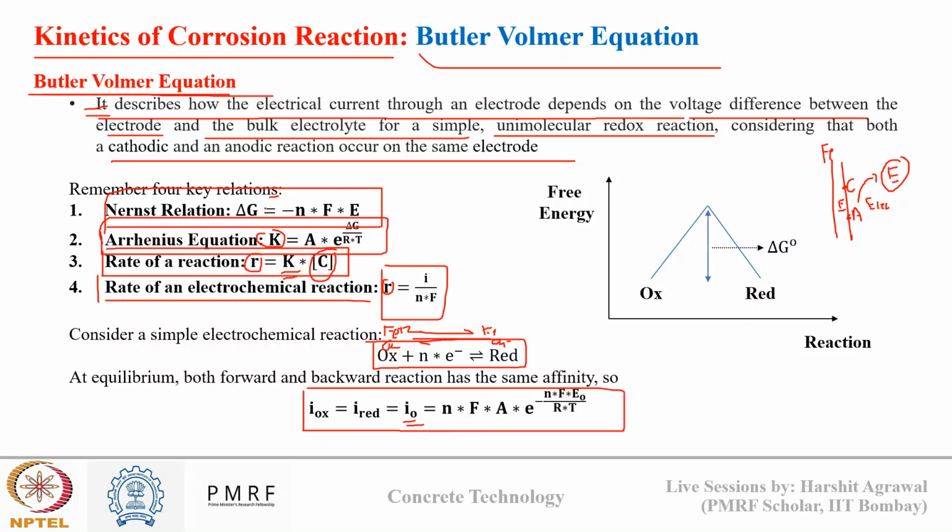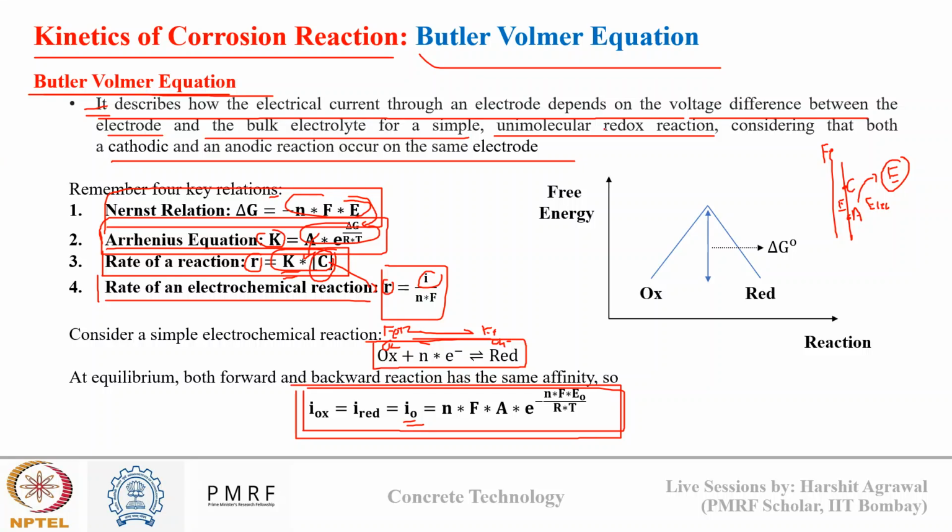Since delta G is minus nFE, I will keep this equation here instead of K, and instead of rate I will keep the equation with Kc, so I will get I in terms of these relationships. Just substituting these relationships in one another, I get this equation, which is for equilibrium right now.